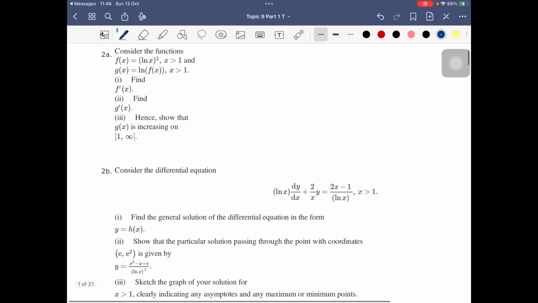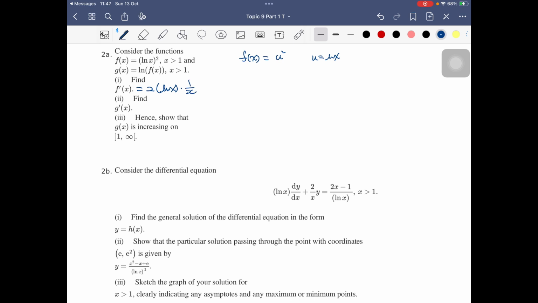And here, let's do 2a. F of x is the square of ln x, and g of x is ln f of x. So f prime of x is like a chain rule: f of x is u squared and u is ln x. Going through the chain rule, this is 2u, so 2 ln x times u prime, which is 1 over x.